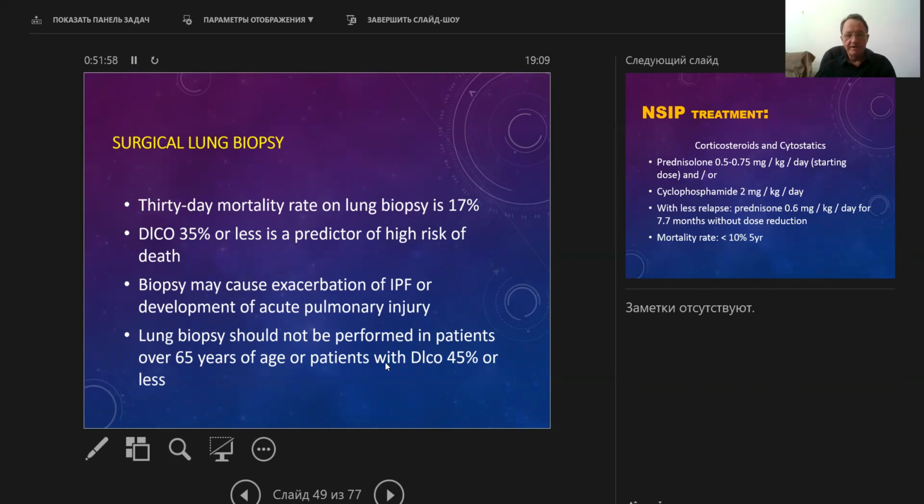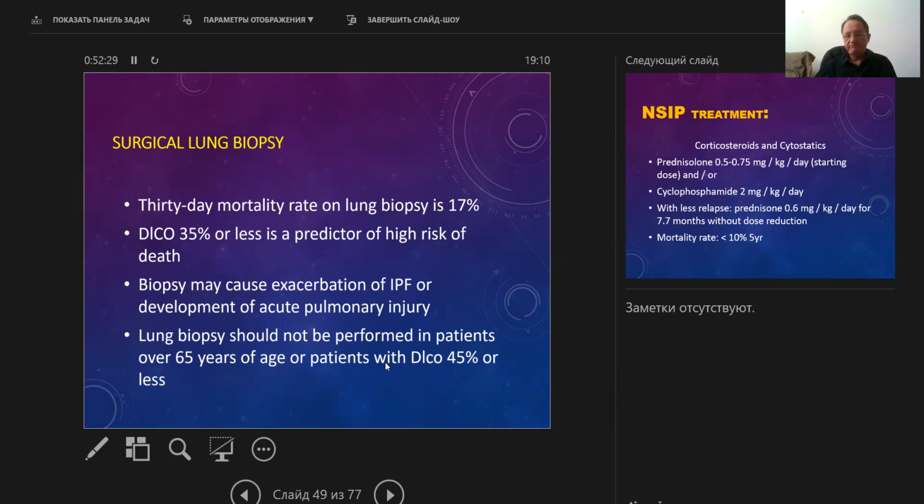But you should know that the 30-day mortality rate of lung biopsy is 70%, and a diminished diffusion capacity of the lung by carbon monoxide test, less than 35% of predicted levels, also carries a higher risk of death.